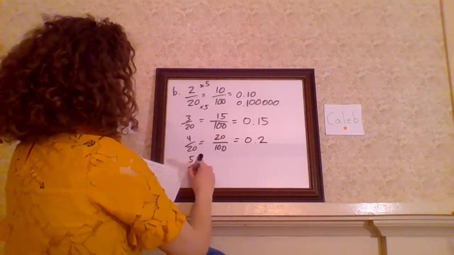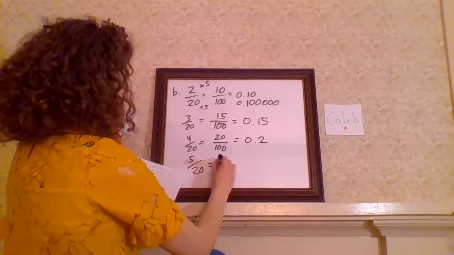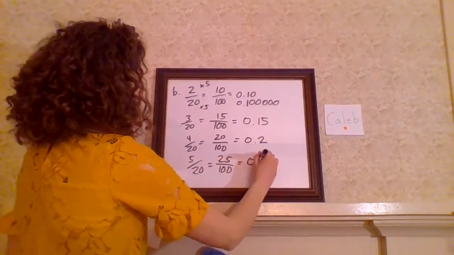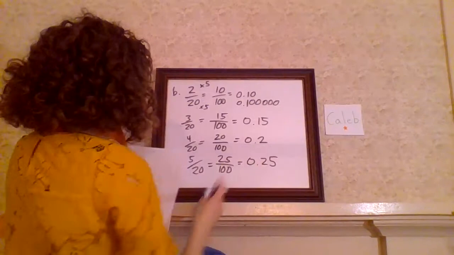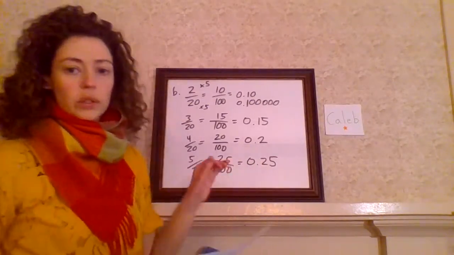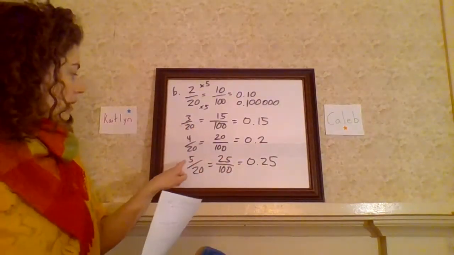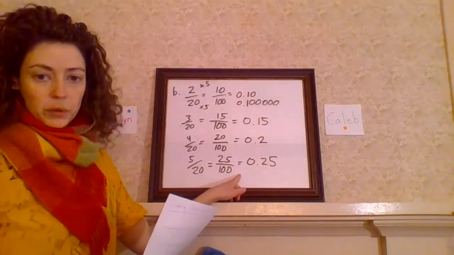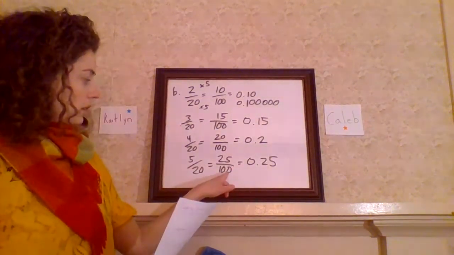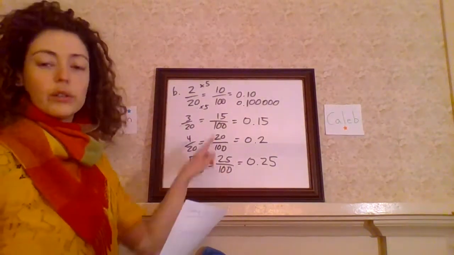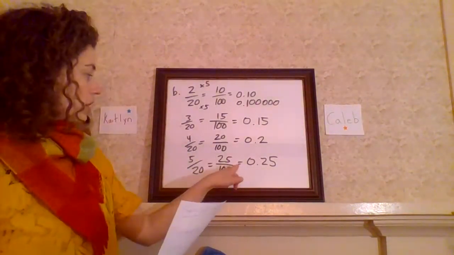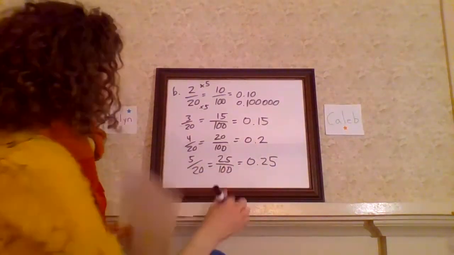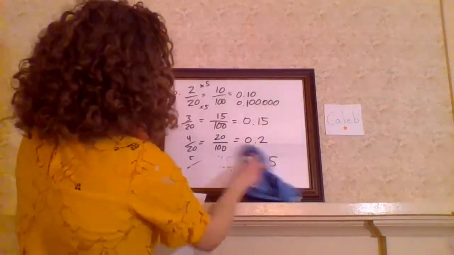Let's try one more. 5 over 20, equivalent fraction over 100. 5 times 5, 25. We have 0.25. Okay, so this is showing you how you can take a fraction, change it into a decimal fraction, so something that's over 10 or over 100 or over 1,000, and then you can change that very easily into a decimal.